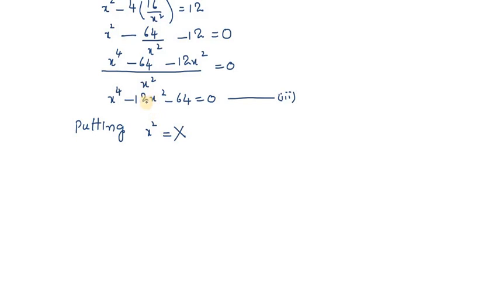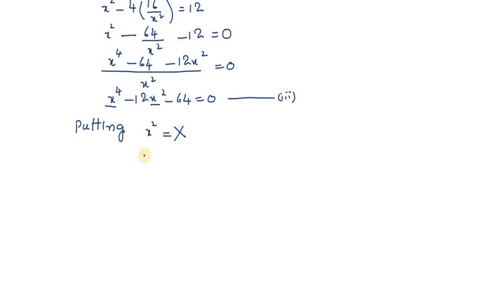Variable of the middle term we suppose capital X, because when we square this variable, we get the first term, variable x power 4. Here we suppose x square is equal to capital X. This is only for making a quadratic equation. After the quadratic equation, we get the value of x easily.